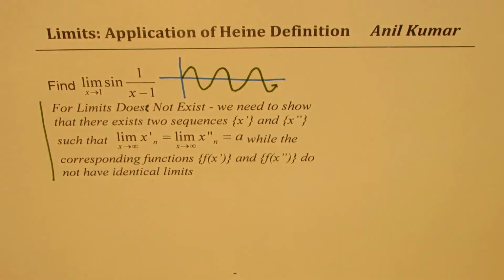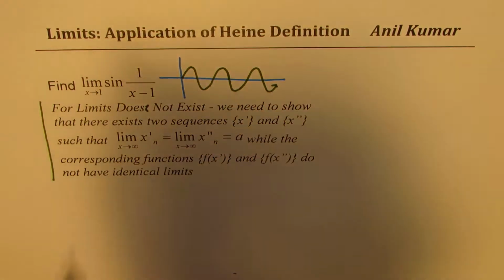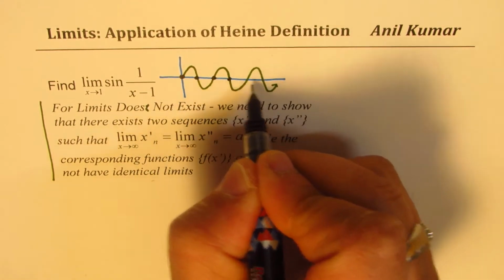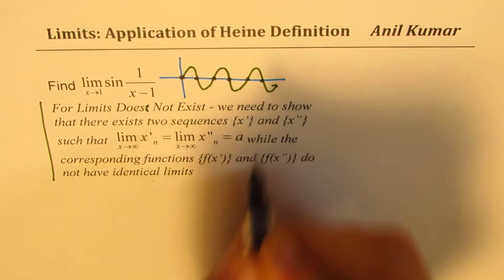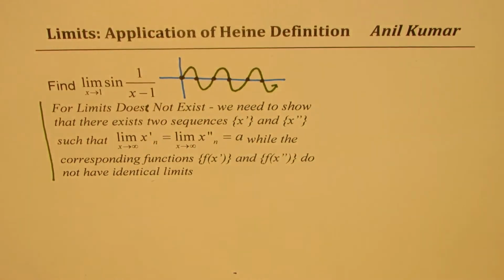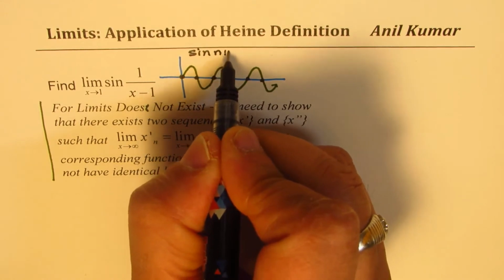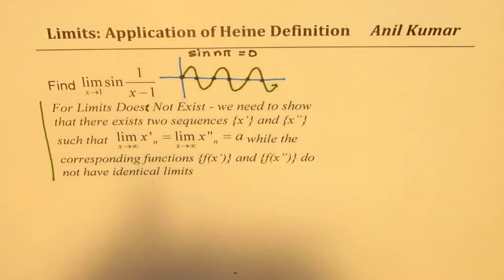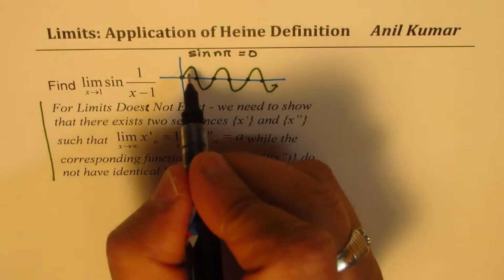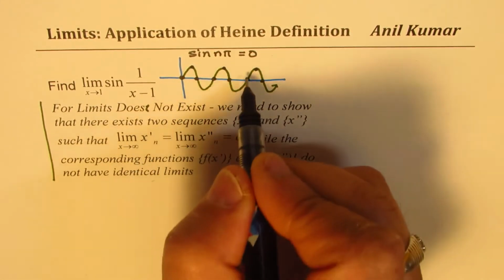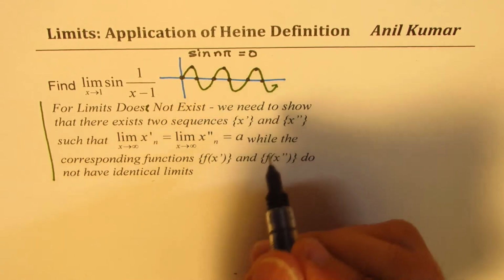We know that whenever the value of x is n pi, sine is 0. Correct? So that is one thing which is known to us, which is sine of n pi is equal to 0. The other thing which we also know is that it is 1 at pi by 2 and repeated every 2n pi, right?